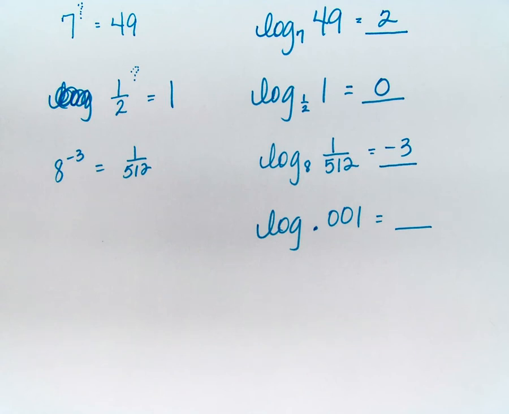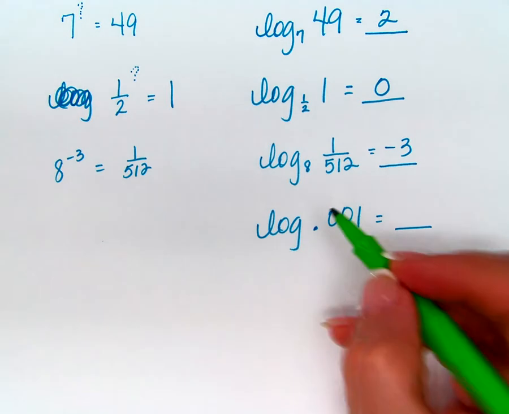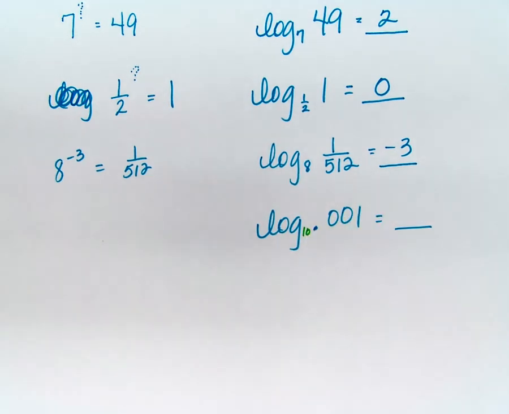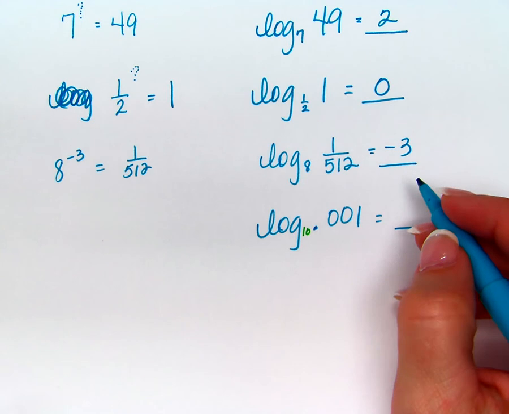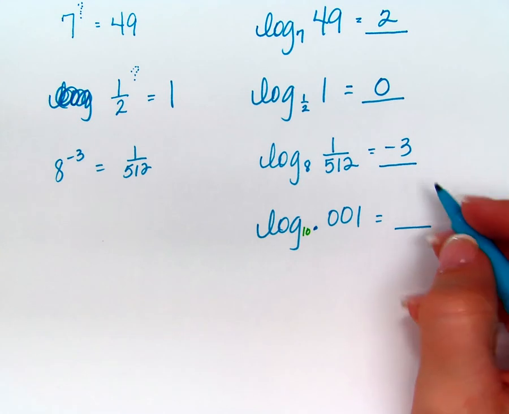Who else does? 2 people? Okay, one of you two remind us what we're missing. The base, right? It doesn't look like there's a base, but that's the common log. So what's that base? 10. So what'd you get? -3.